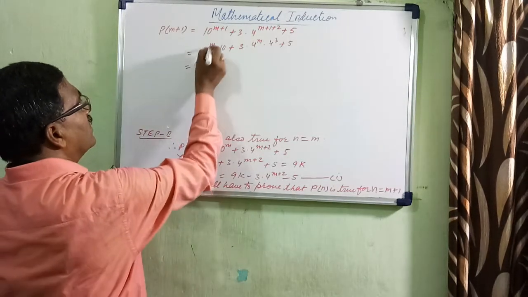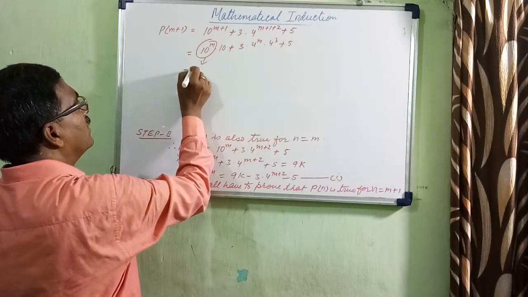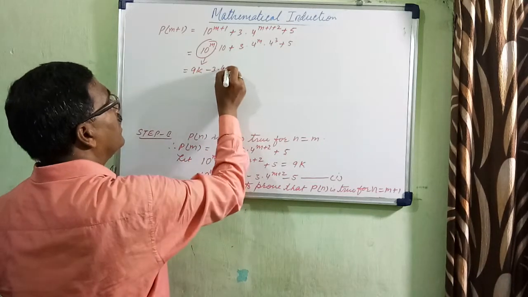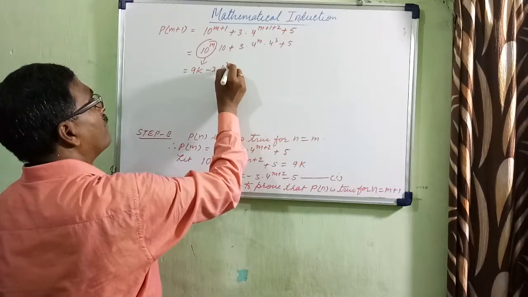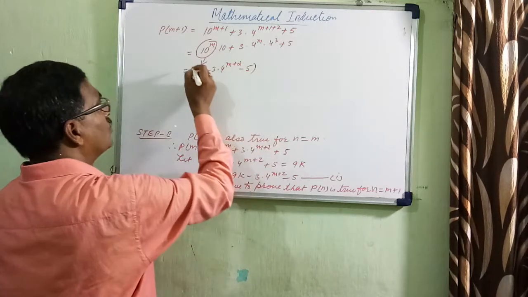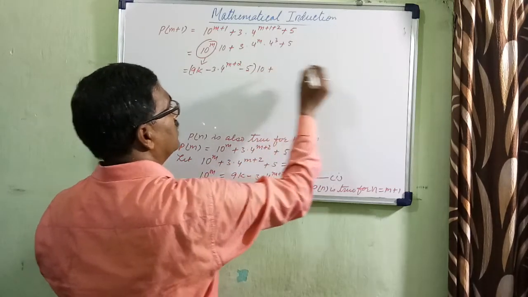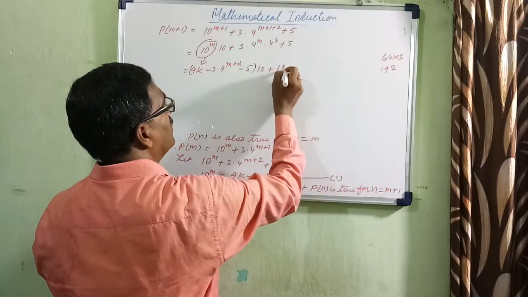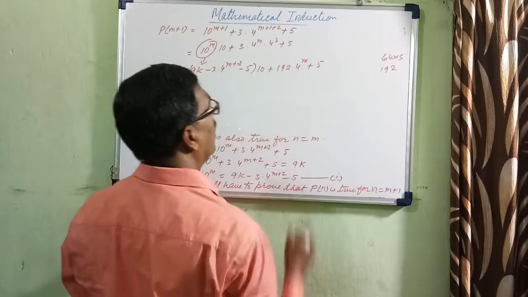So therefore, this one can be substituted as 9k minus 3 into 4 to the power m plus 2 minus 5 into 10 plus 64 into 3, 192, into 4 to the power m plus 2 plus 5.